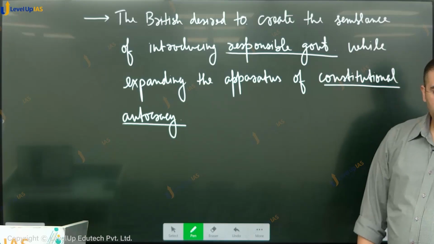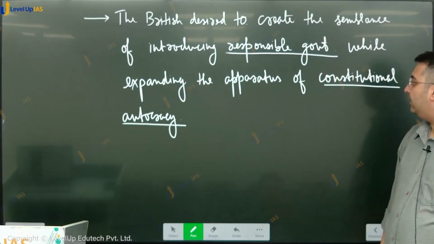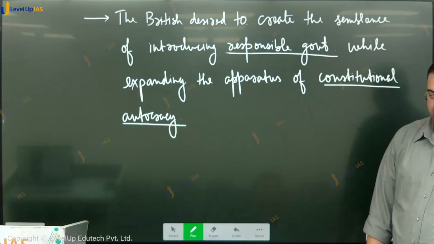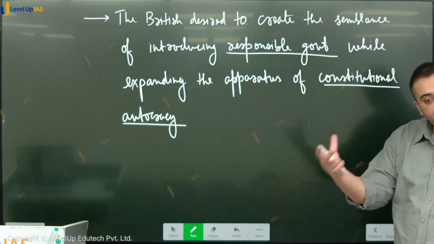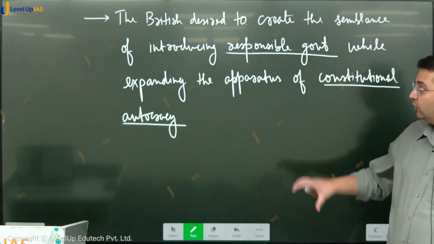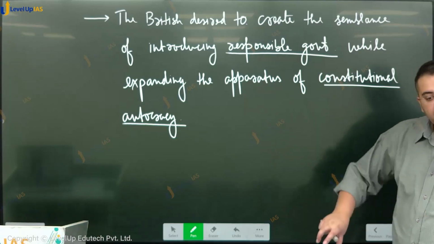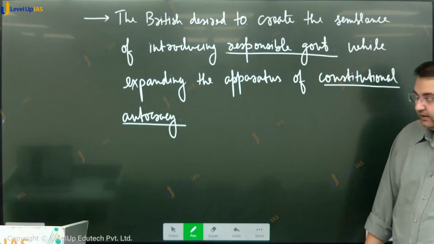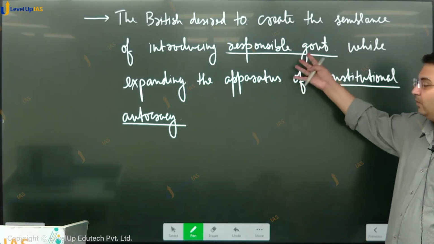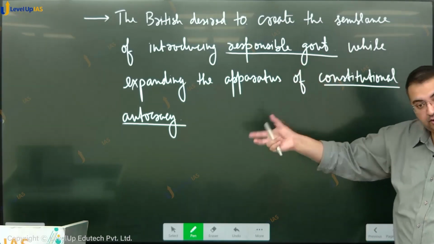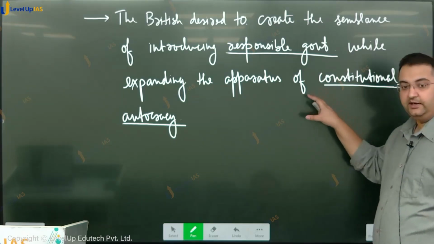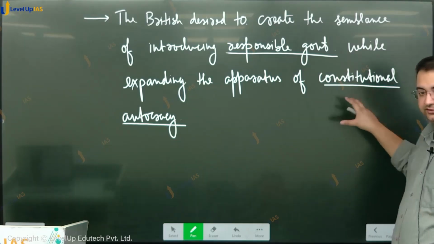Okay? So Indian nationalists had been berating the British, criticizing the British for misruling Indians, not living up to the ideals of British liberalism, not governing India in the same manner that the people of Britain proper were being governed, and that is why the British wanted to create the appearance of introducing constitutionalism, but in reality they wanted to strengthen the apparatus of their constitutional autocracy.